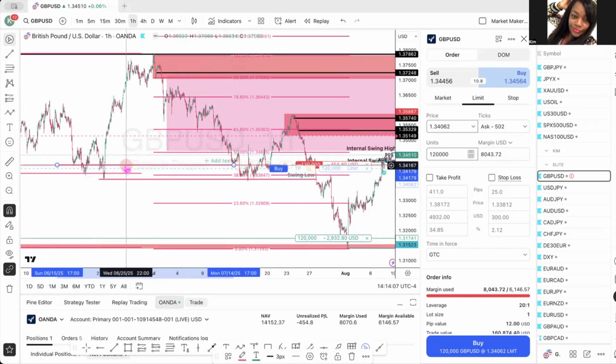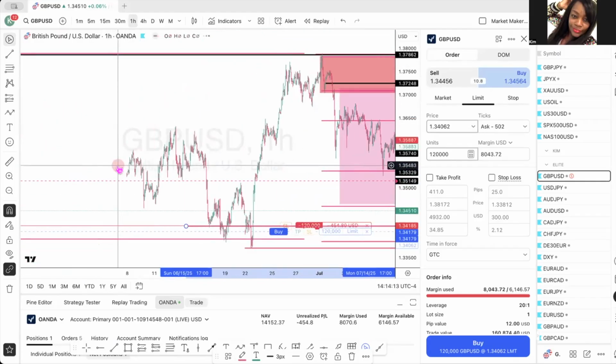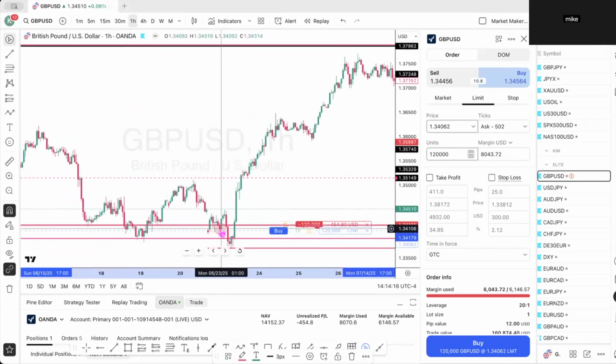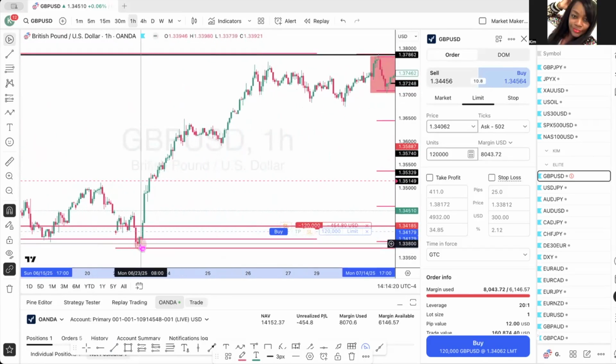And this is why I don't use daily open and close, because on the daily, this was the zone up here, right? But the open and close has moved from here to here, right? So that's why I don't use open and close of a candle.